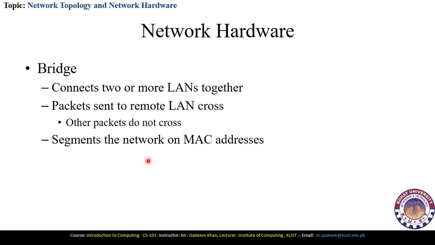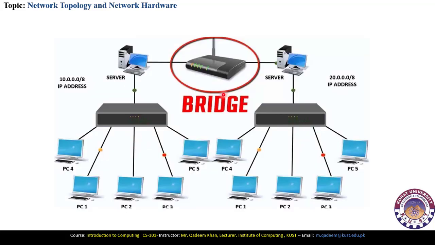The segments and networks use the MAC address here. So the MAC address of the bridge is utilized to decide which LAN we have to send the data to. Now here is the diagrammatic representation of the bridge. This is the bridge, and the bridge connects two different servers, and the server transfers data to this switch, and the switch transfers data to multiple PCs or computers.